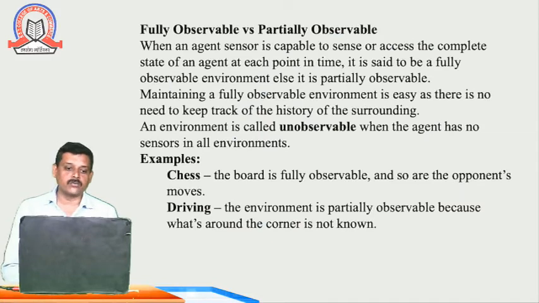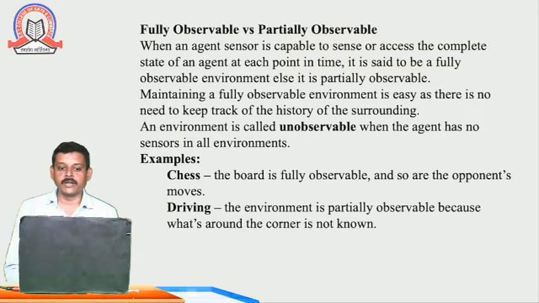The very first is fully observable environment versus partially observable environment. Friends, when an agent's sensors are capable of sensing or accessing the complete state of the environment at each point in time, it is said to be a fully observable environment, else it is partially observable.